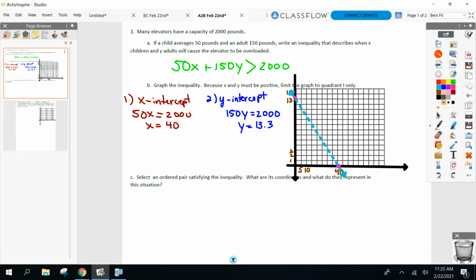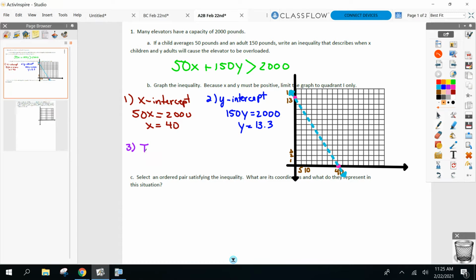And then we have one final piece to this puzzle, which is what? The line looks beautiful, but where the heck do we shade, above or below? Above? Well, let's find out. What point do I always use to test? 0, 0. As long as the line doesn't go through 0, 0, which it does not, I can test 0, 0.